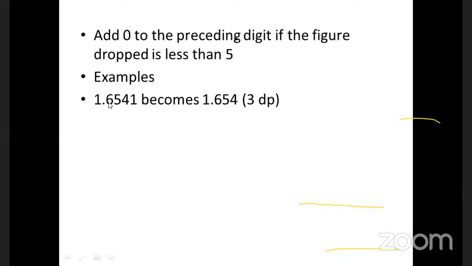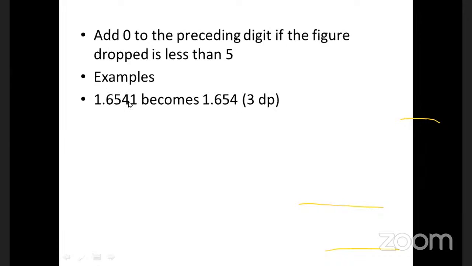It's 4. So from here, we are rounding 1.6541 to 3 decimal places. What is the preceding digit? The preceding digit is going to be the last digit, at the 3rd decimal position.